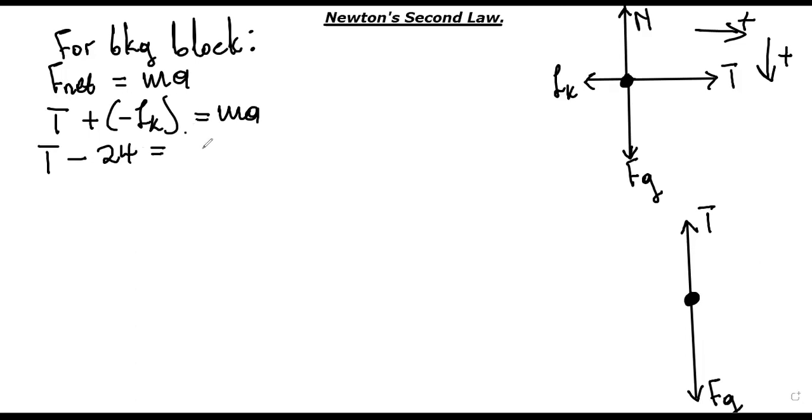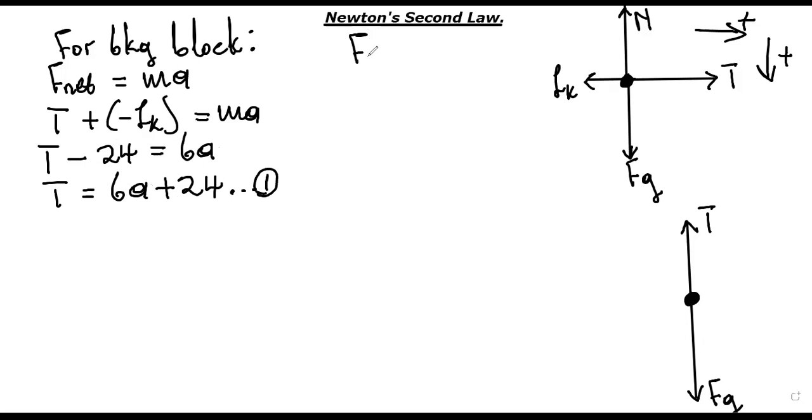And then we say the mass is just 6, then we times this by A. So if we make tension the subject of the formula, we just take this 24 to the right, it becomes positive. And then we call this our first equation.